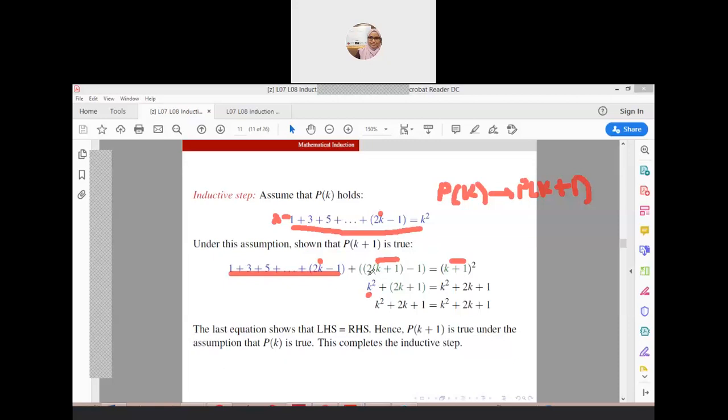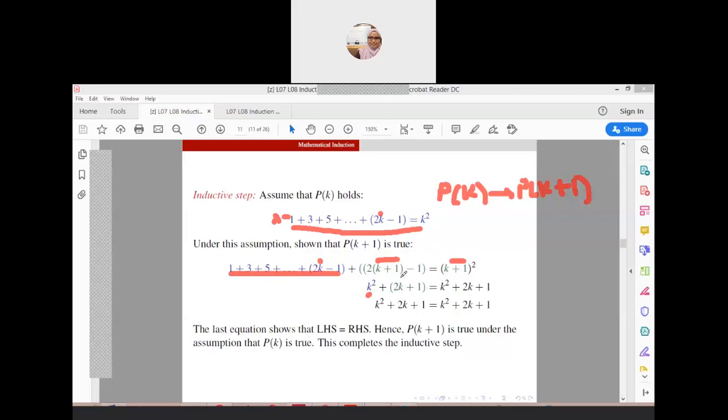Okay, now after you simplify this, you get 2k plus 1. Because 2 times k becomes 2k, 2 times 1 becomes 2, 2 minus 1 becomes 1. So 2k plus 1. Okay, so here replace this statement with k square, then we get k square plus 2k plus 1.